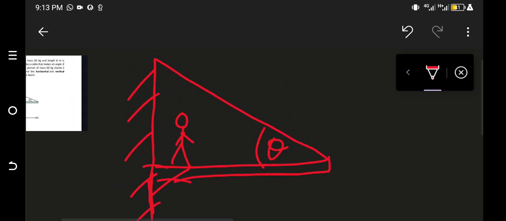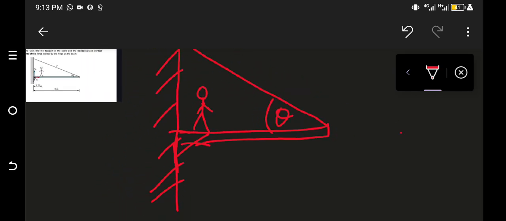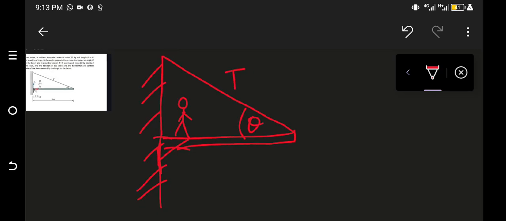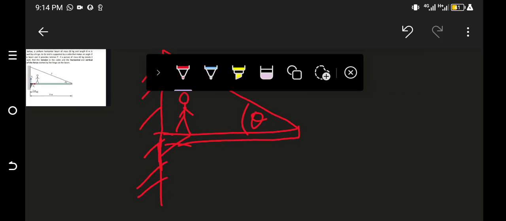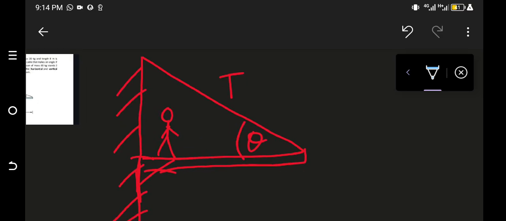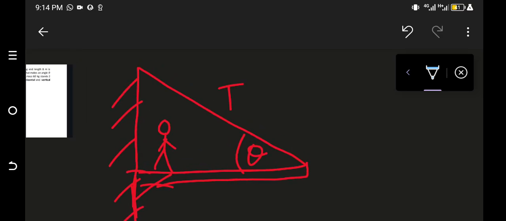So now you have to find all the forces acting on the beam. So we have the tension. To solve these questions, all the forces should be in either the x or y components, and all the forces which are not in the x and y components, we have to resolve into their x and y component form. So let's start with the tension. As you can see, the tension is neither in the x nor in the y direction. So we have to resolve it.